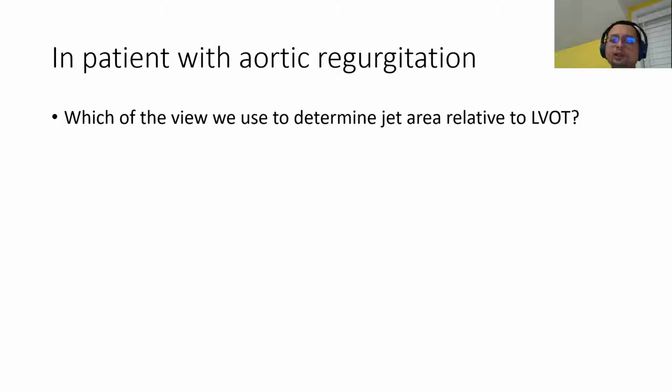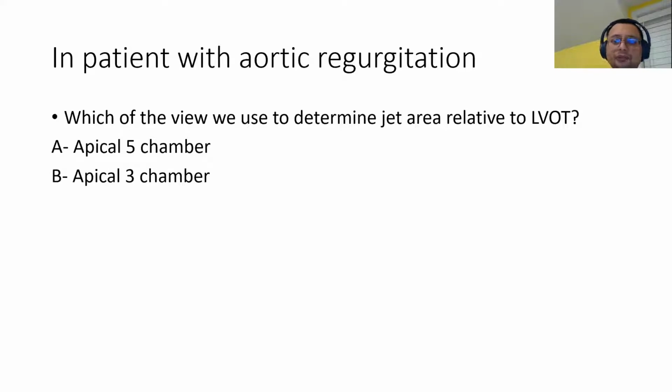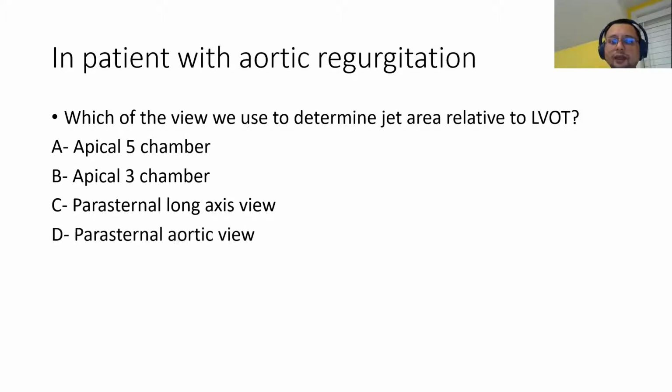And which view do we use to do that? Is it A, apical 5-chamber view? B, apical 3-chamber view? C, parasternal long axis view? Or is it D, parasternal short axis aortic view?